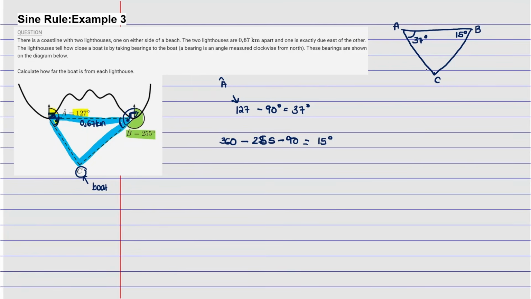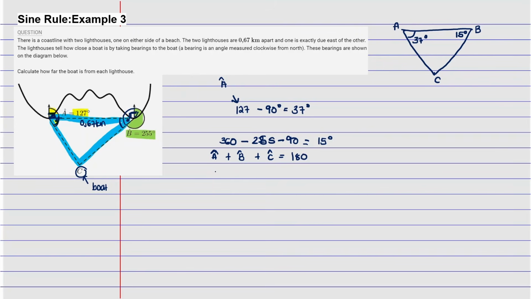But what do we know? We know that the sum of angles in a triangle is equal to 180. So angle A plus angle B plus angle C is equal to 180.